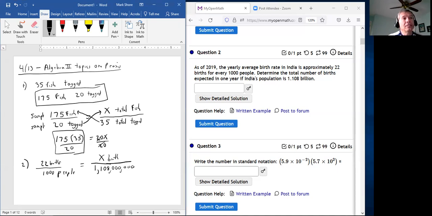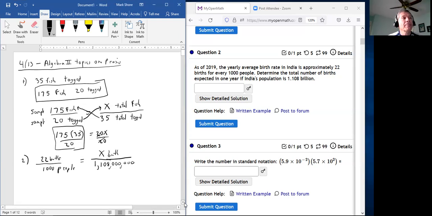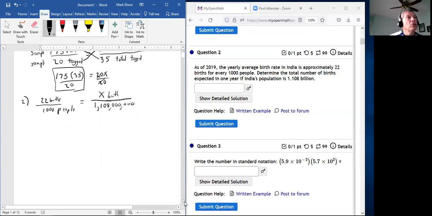And so it's the same type of thing. You would do this by cross multiplying. I would do that here. So here, I'll just draw the arrows so you can see. We do it like this. So you get 1,108,000,000 times the 22 equals this 1,000x.